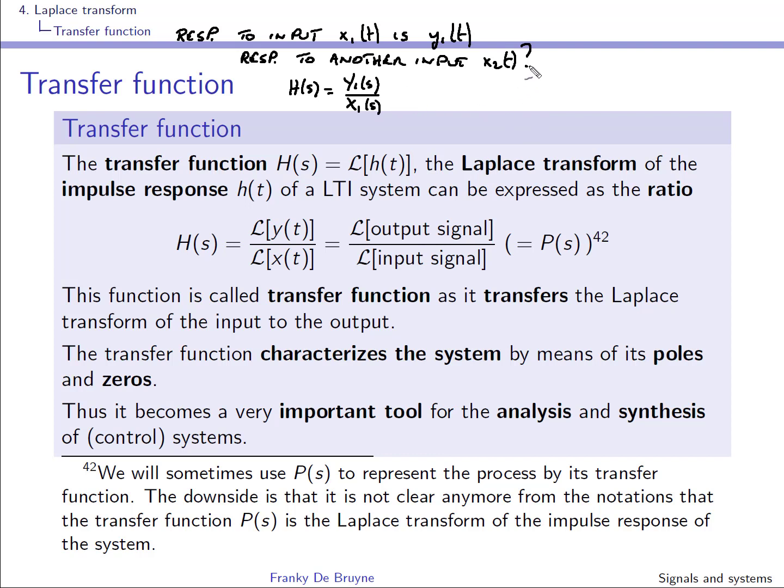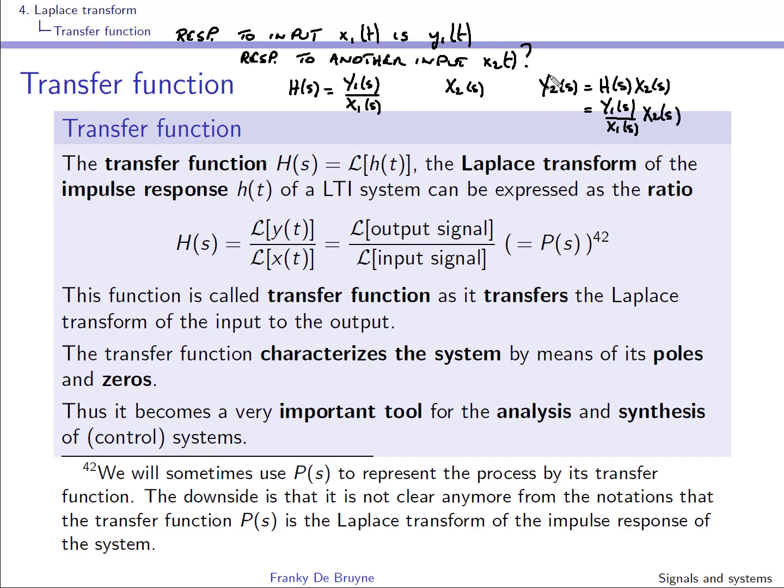So now we want a response to this one. We know h1 of s, so what we need to do is compute x2 of s, and we know that y2 of s is simply h of s times x2 of s. We can plug this in, so it's y1 of s divided by x1 of s times x2 of s.